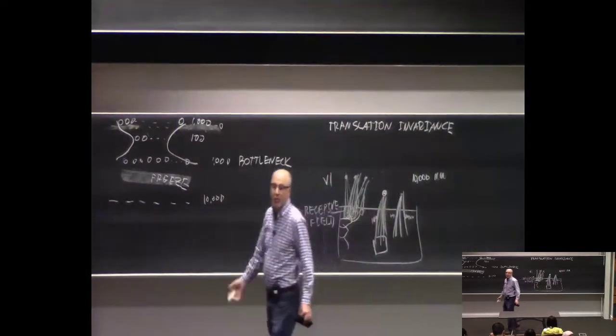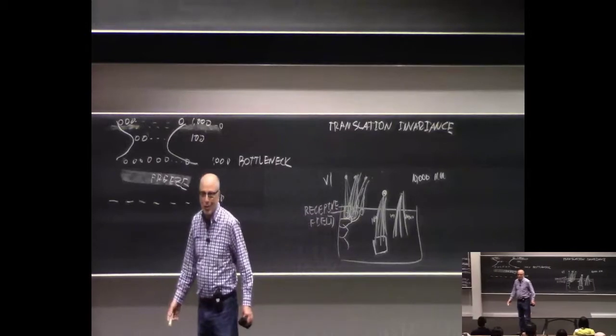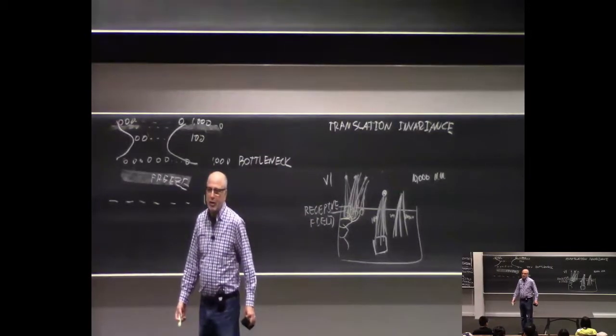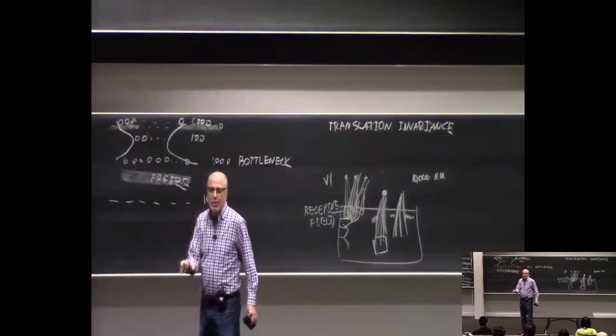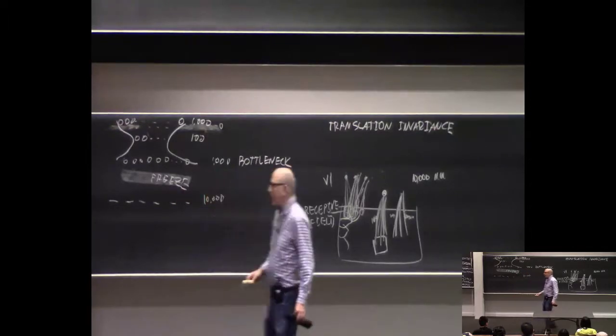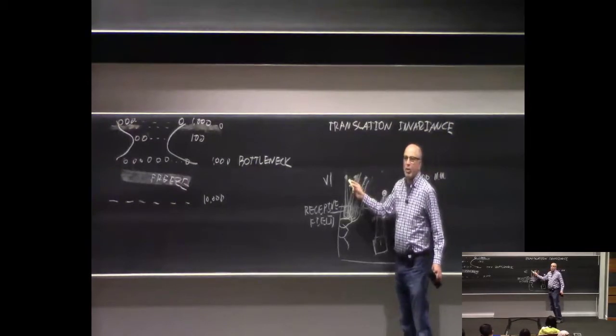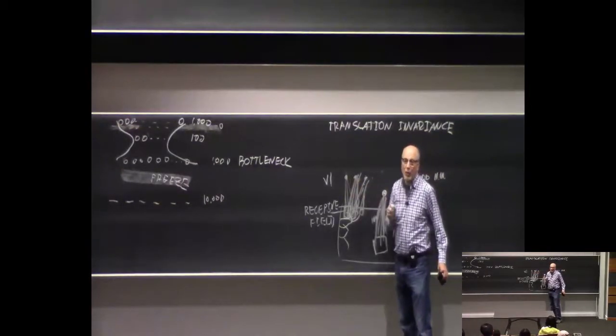You could, in principle, have 1,000,000 different weights, but you don't. You enforce the condition that the same 100 weights are here, as are here, as are here, as are here. So you're basically only learning 100 weights.